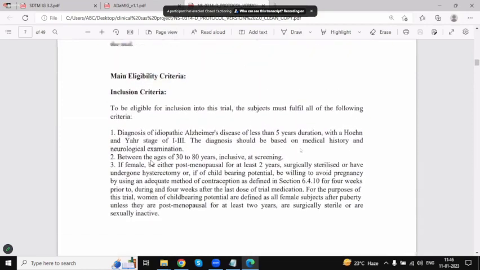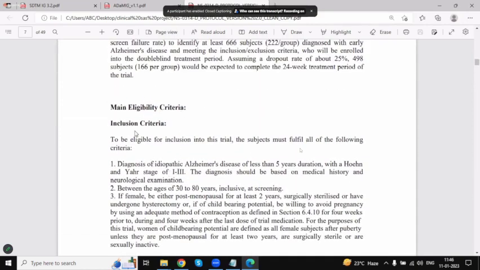Inclusion criteria means there are some criteria. For example, read this one: between ages of 30 to 80 years, inclusive, at screening. The subjects whose age is between 30 to 80 years, only those are included. If below 30 years or above 80 years, we won't include them in this clinical trial process.